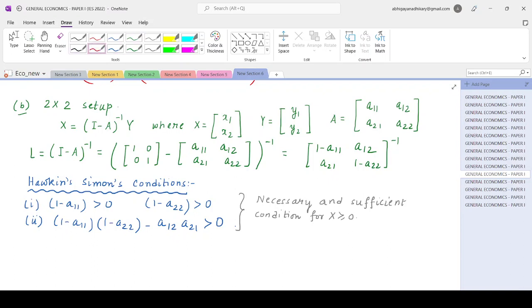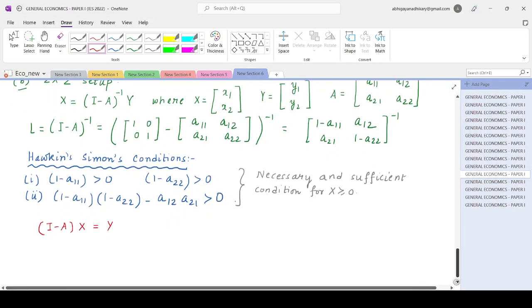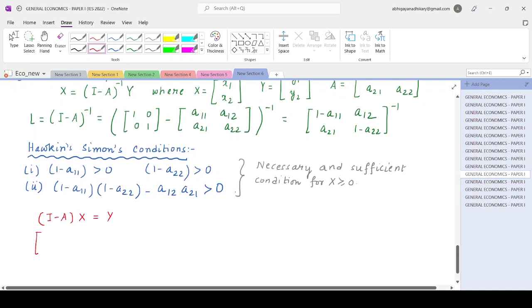So from this, I can easily write I minus A times X is equal to Y, right? So this will be 1 minus A11, A12, A21, 1 minus A22 times X1, X2 is equal to y1, y2.